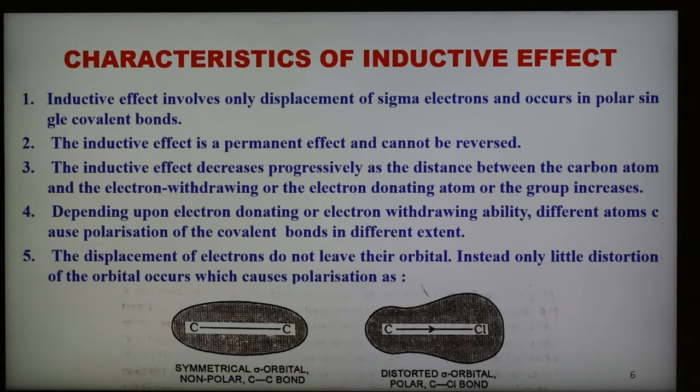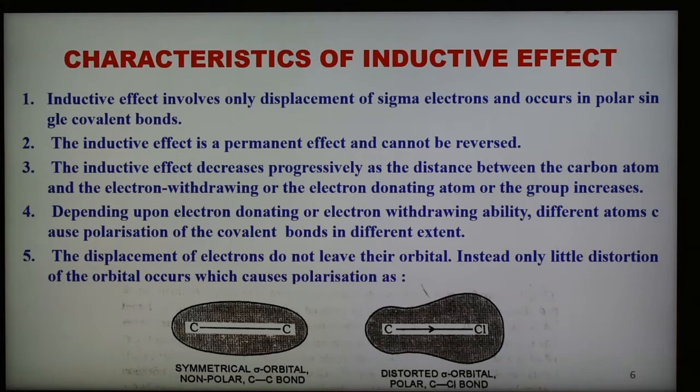So this is permanent. The third characteristic is that the inductive effect decreases progressively as the distance between the carbon atom and the electron withdrawing atom or group increases. The displaced electrons do not leave their orbital; instead only a little distortion of the orbital occurs, which causes polarization as shown in the figure.